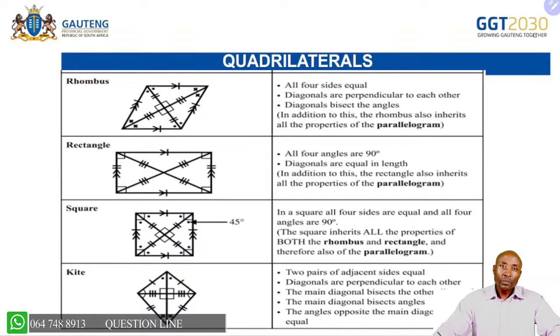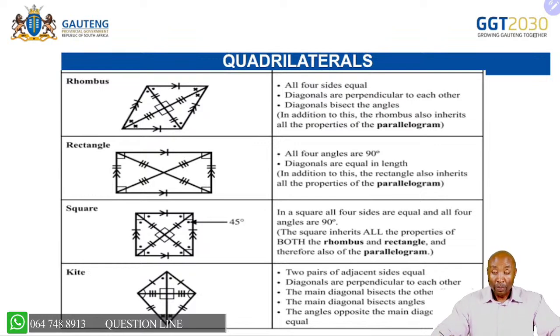Also, we should be able to know our transformations. How do we transform our translation? We must know how to use them. We did them at GET. We need to always revise them. How do we translate a shape? And we get these marks for free.